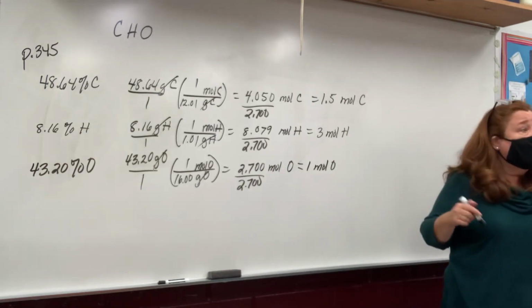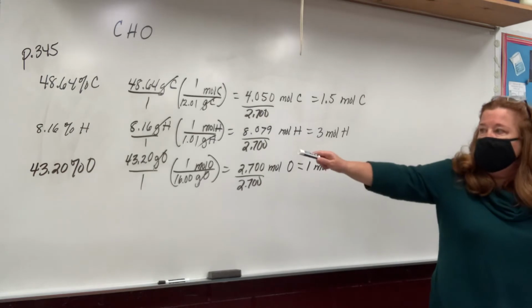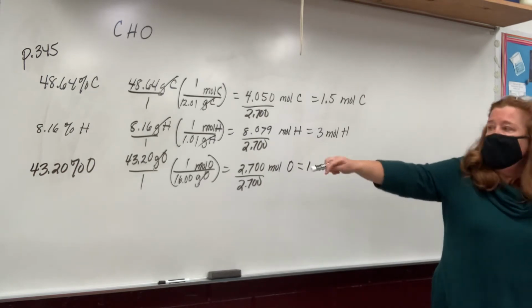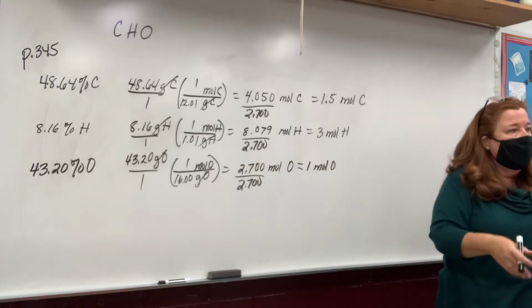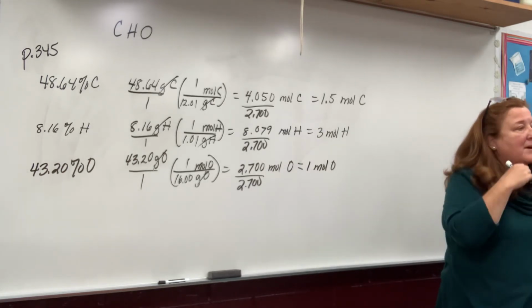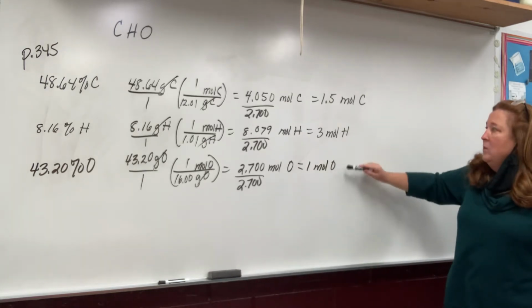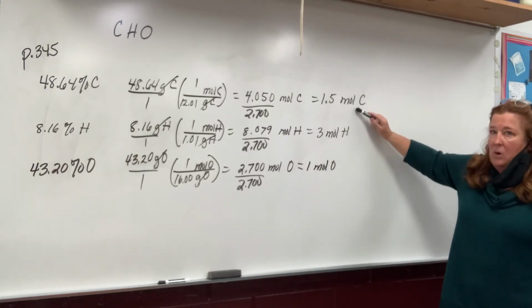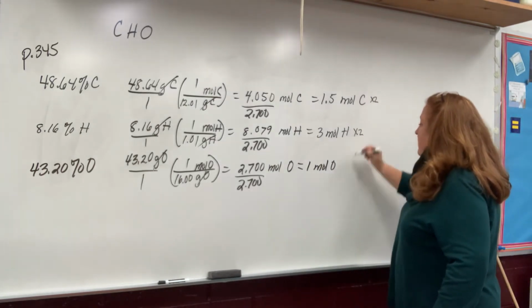This is another ratio. It's the same ratio, I've just cleaned it up a little bit, but it's still not whole numbers. So this is when sometimes I have to do number 3. If the ratio is not the simplest whole number ratio, multiply them all by 2, or multiply them all by 3, or multiply them all by the same number so that you get a really good whole number. I have 1.5, 3, and 1. What should I multiply to get this to a whole number? And if I do it to this one, I gotta do it to all of them.